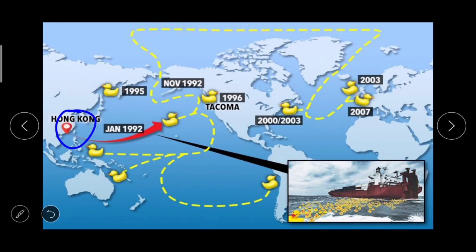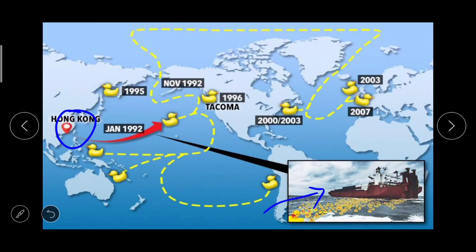Around 28,000 rubber toys started floating on the ocean. On 10th January 1992. Now a strange thing happened after around 10 months.